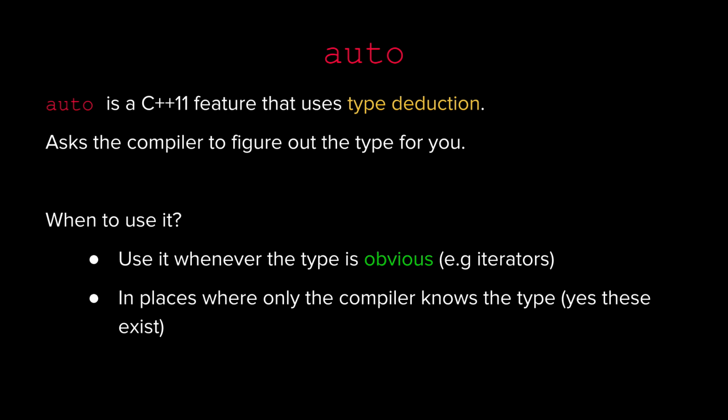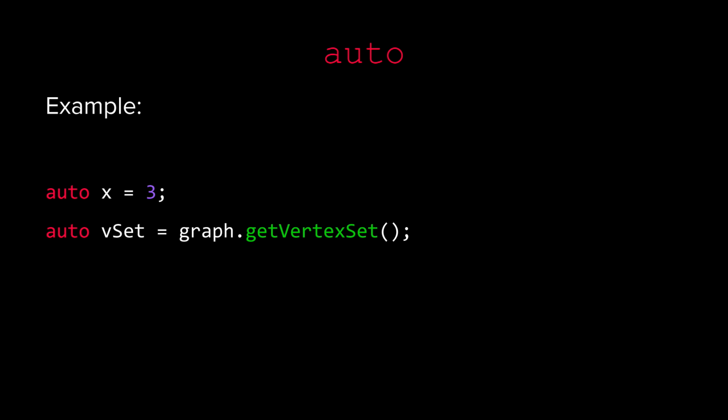And so you use auto there too. Okay, so just an example, you could have auto x equals 3, and the compiler will say, okay, x is an int. I can figure that out at compile time. You can say auto vset equals graph.getVertexSet, and it'll figure out that vset is a set of vertex stars by looking at the signature of the getVertexSet function.